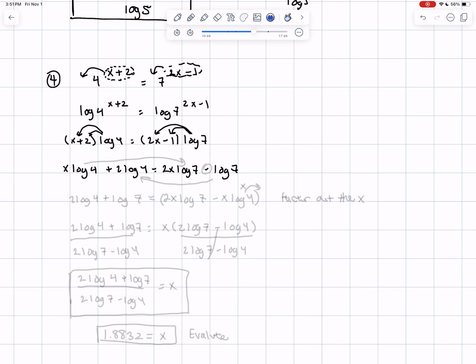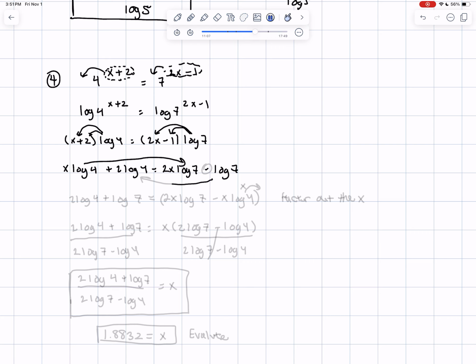So this should be the first step that you should get. Okay. And then I want to get all my x's together. So here I'm just going to choose to move my x over here.